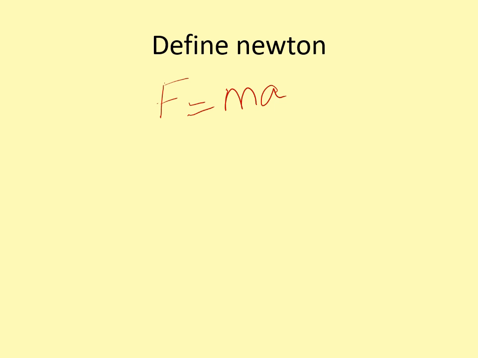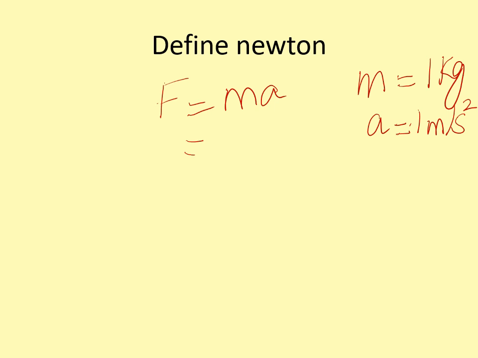So see, I'm going to consider an object whose mass is 1 kilogram. I applied some force because of which it got an acceleration of 1 meter per second square. So this is our situation. I have an object whose mass is 1 kilogram and I applied a force because of which it got an acceleration of 1 meter per second square. So we can easily find out what that force is.